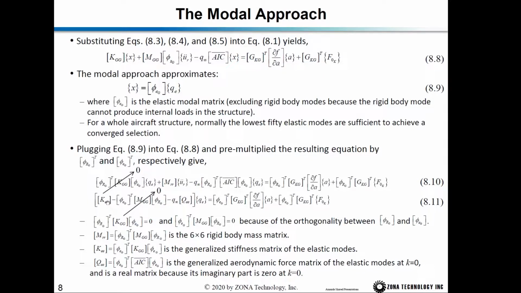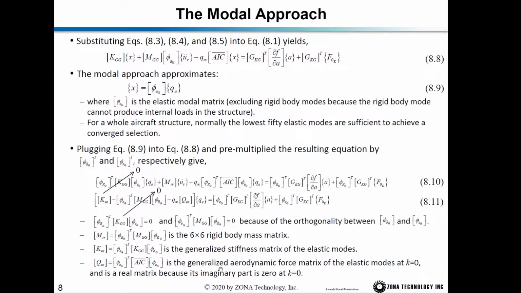Then we can invert this matrix, and substitute the QE into here.